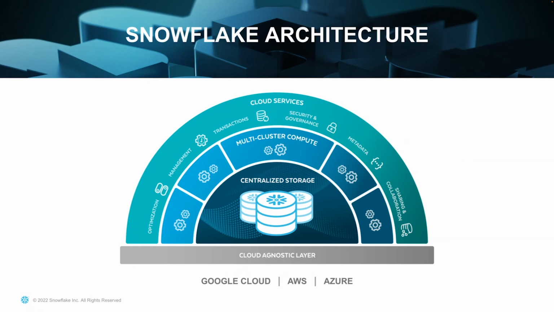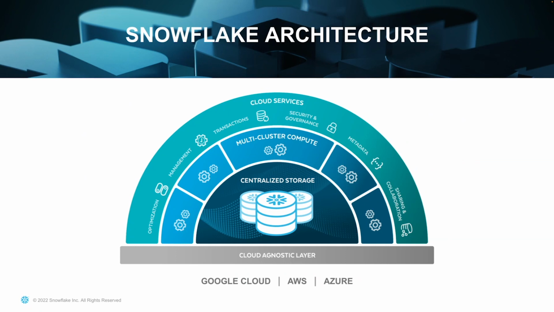What I mean by that in particular is that when Snowflake is running on that particular cloud provider, we are using that cloud provider's native technologies and services. So you're on AWS, we use S3. You're on Google Cloud, we use Google Cloud Storage, which then actually brings me to the next layer in this architecture, which is the centralized storage layer.